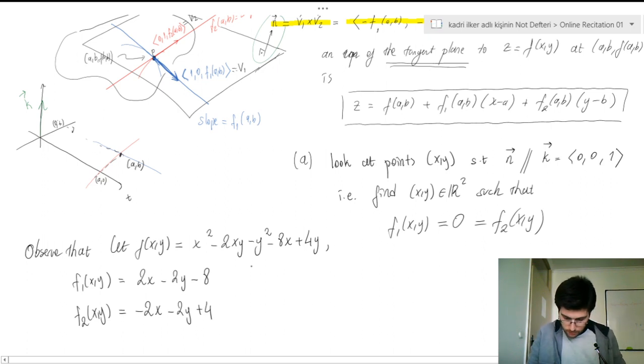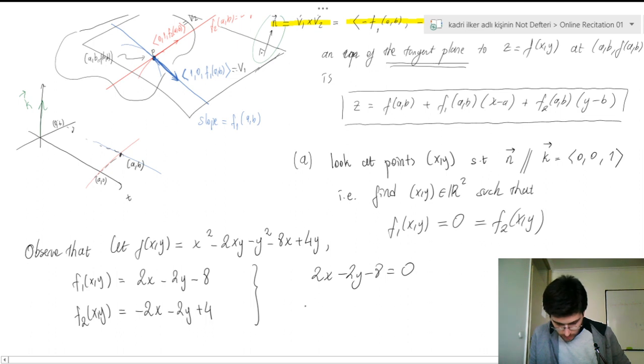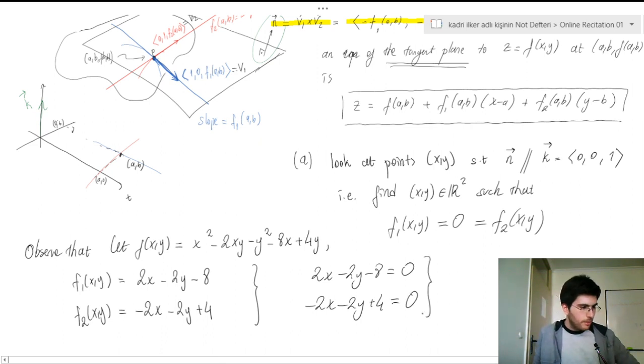Therefore if you try to solve those equations, when this thing is 0 and minus 2x minus 2y plus 4 is 0, and you solve these equations at the same time, this implies that the pair xy is exactly the point 4 and 0.